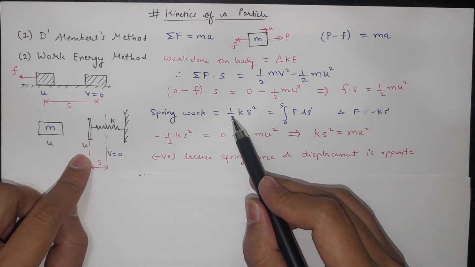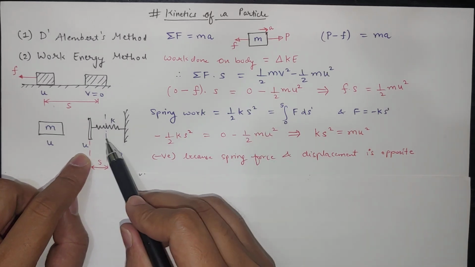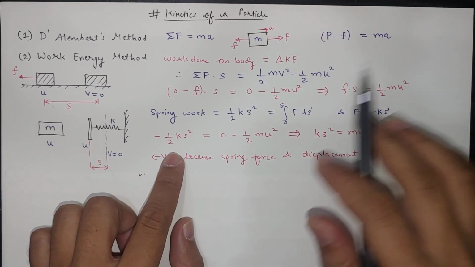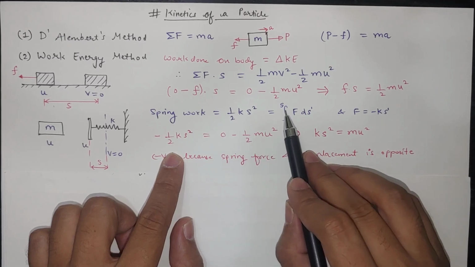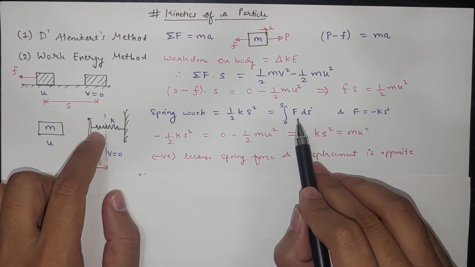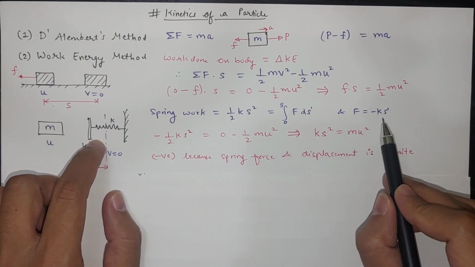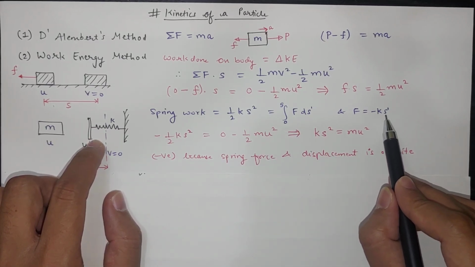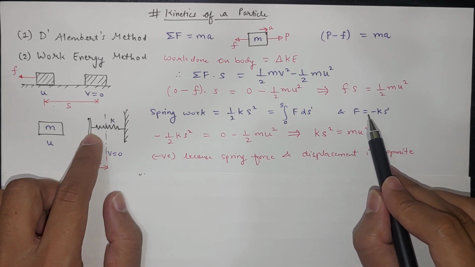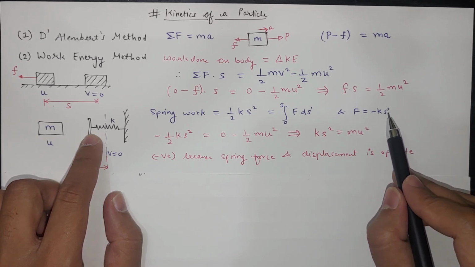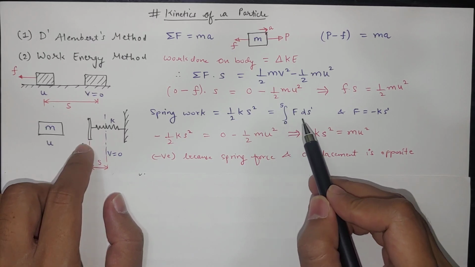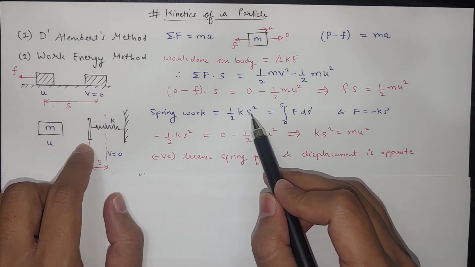Now if we integrate, we get half k x square, which is the total spring work until it comes to a stop. Here the force is not constant; the spring exerts a force on the body proportional to the displacement of the spring, s dash. So F is equal to minus k s dash, and if we integrate from 0 displacement to s displacement, we get half k s square.